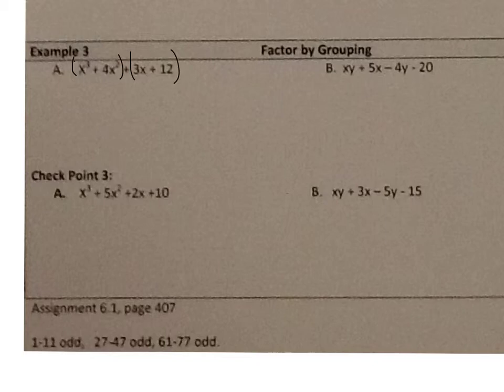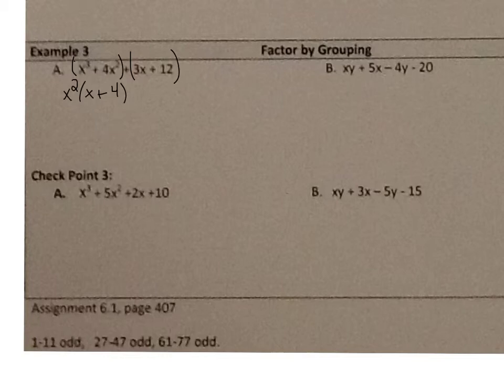I then look at each group and I factor out a greatest common factor from each group separately. So the greatest common factor in the first group is just x squared. So if I factor that out, that leaves me with x cubed divided by x squared to be an x, cancel out 2 of the 3, plus 4, and the x squareds will cancel out.